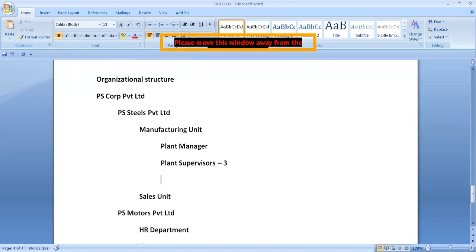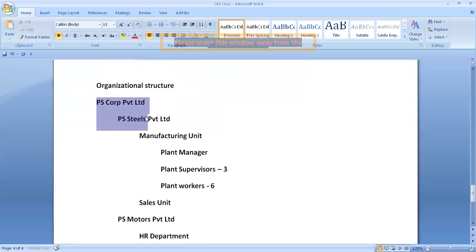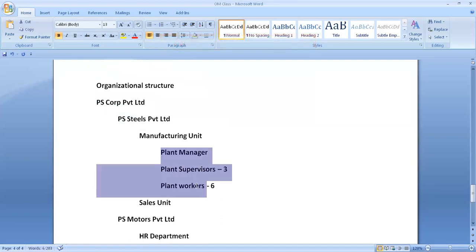There may be plant workers, some six or seven workers. So under PS Corporation, under steel, under manufacturing, these positions are there.